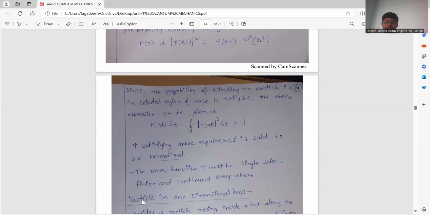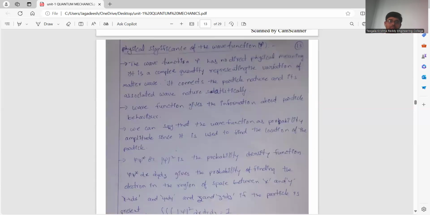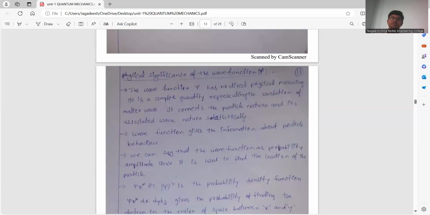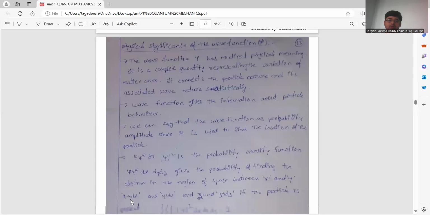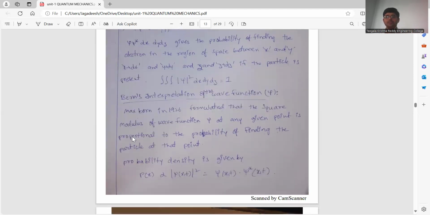Next, the Born interpretation and the physical significance of the wave function. From both of these pieces of information, we explain the application of the Schrodinger wave equation.